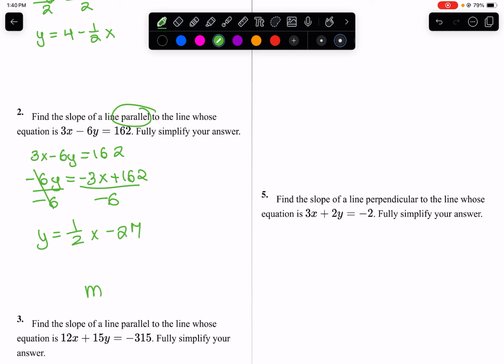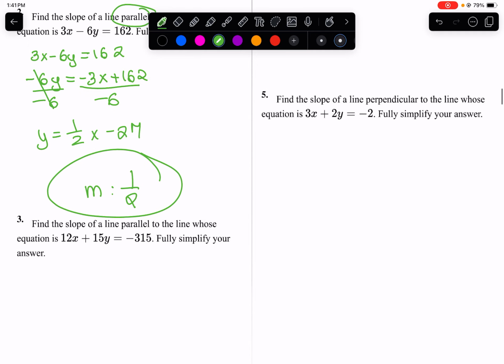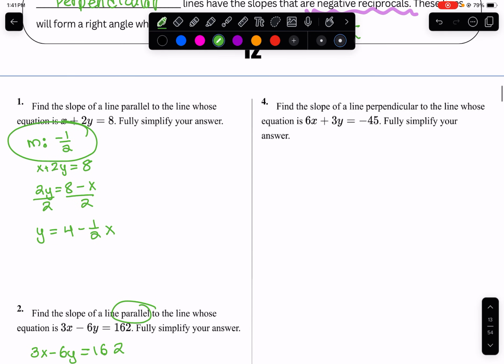So I need a slope of 1/2 in order to get a parallel line. You would continue with the same thing for number 3, but let's go to number 4 because this is slightly different. Perpendicular, so that is a negative reciprocal. So you have to flip your original slope and then negate it.